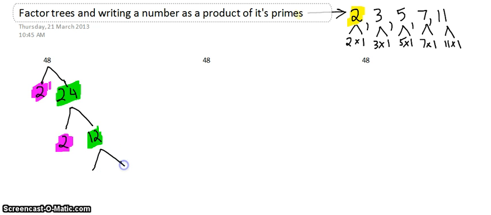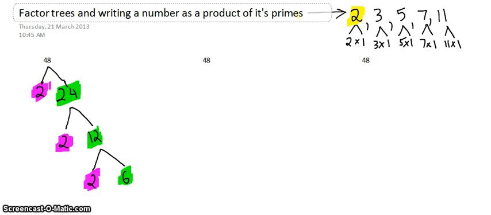So looking at 12, we've stopped at 2 because it's a prime number. We want to pull out a prime number again. The easiest one is 2. 2 times 6 makes 12. So we know that 2 is a prime number, so we stop there. However, 6 is a composite number. It's not a prime number. It has more than 2 factors.